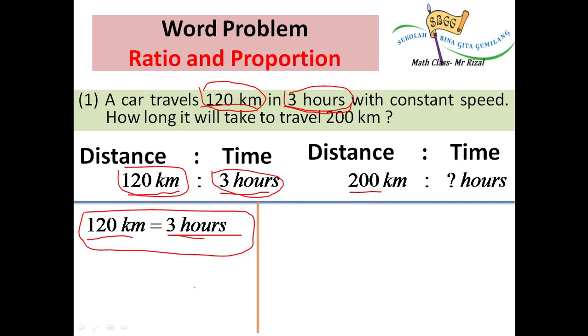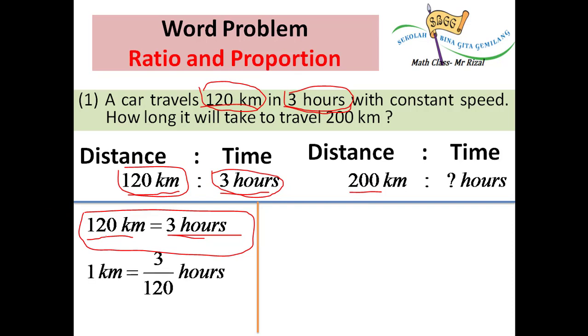It depends on the question. Here the change is from 120 to 200 kilometers. So what must be changed into one unit is kilometer. So 120 kilometers become 1 kilometer.